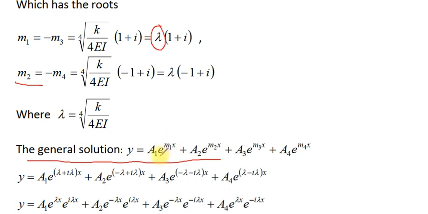Now we can use the following form: e to the lambda plus i lambda.